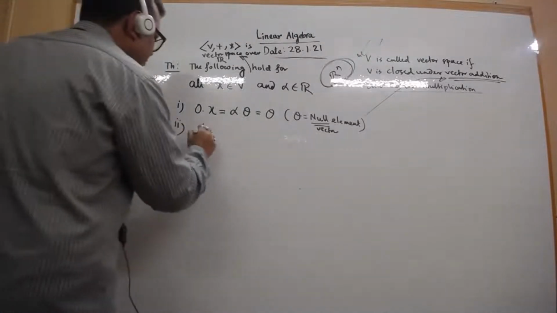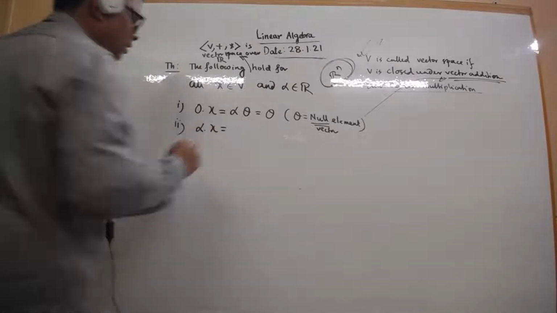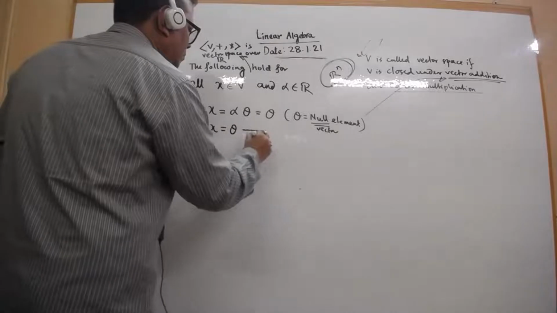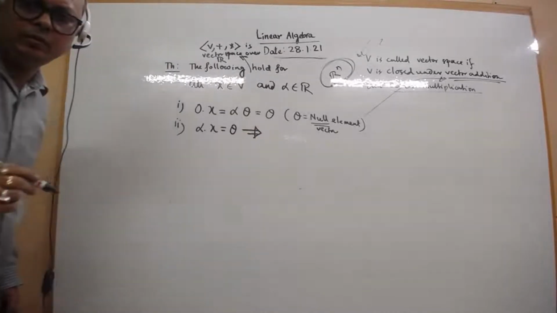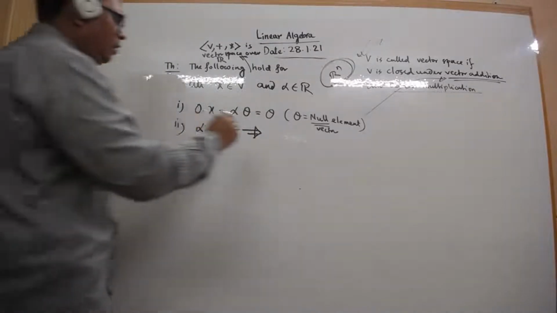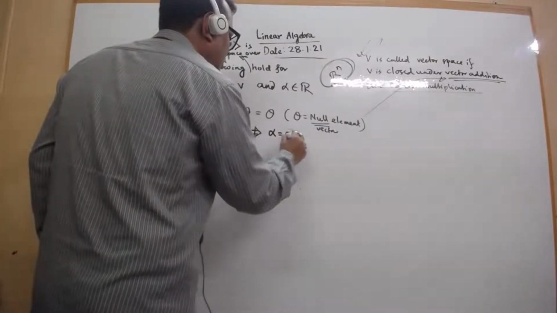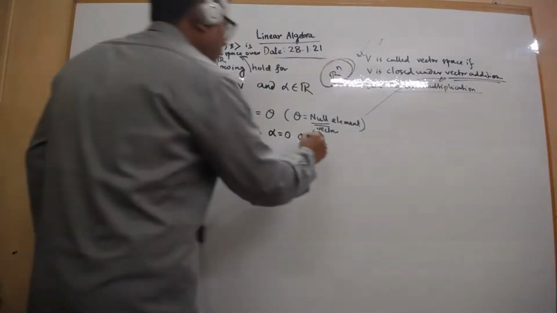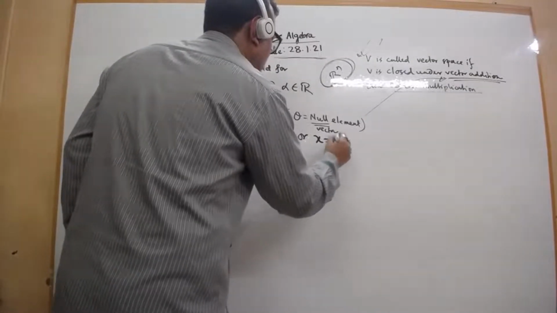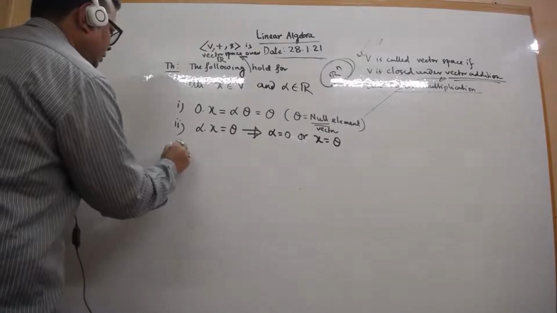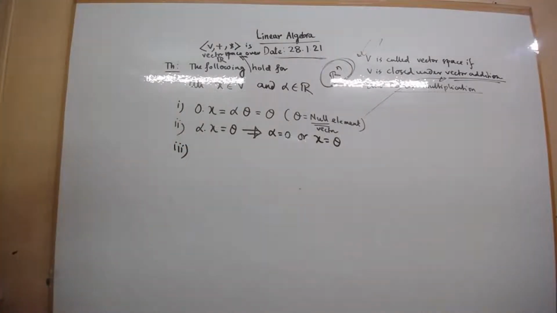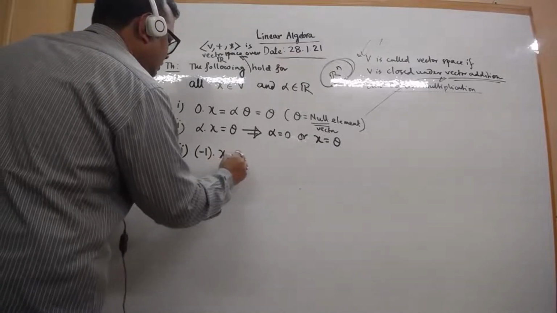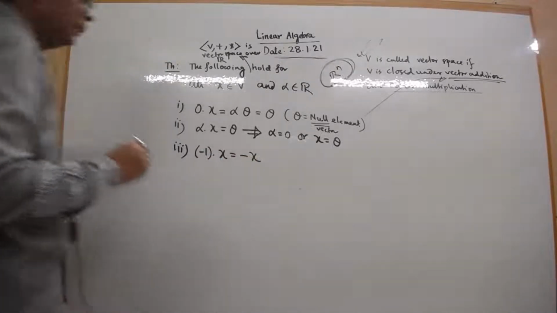Second, alpha x equal to theta implies alpha equal to 0 or x is equal to theta. Third, minus 1 x equal to minus x.